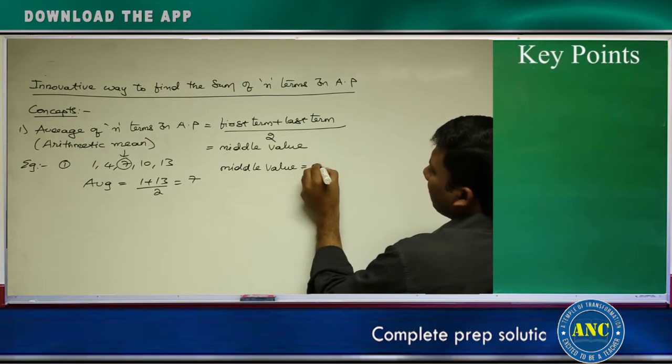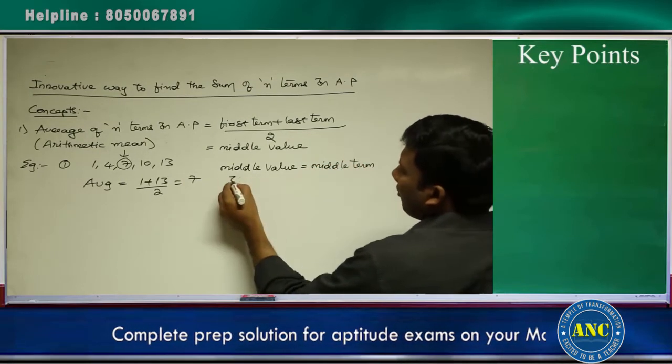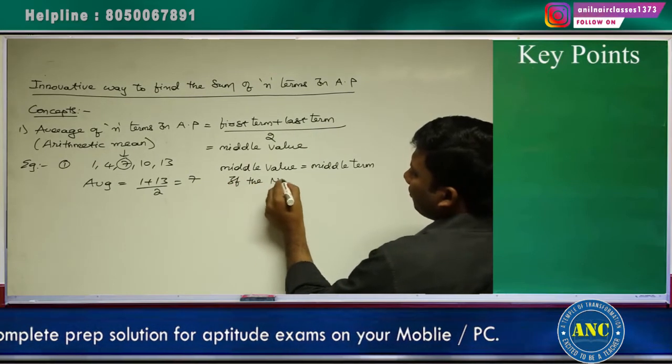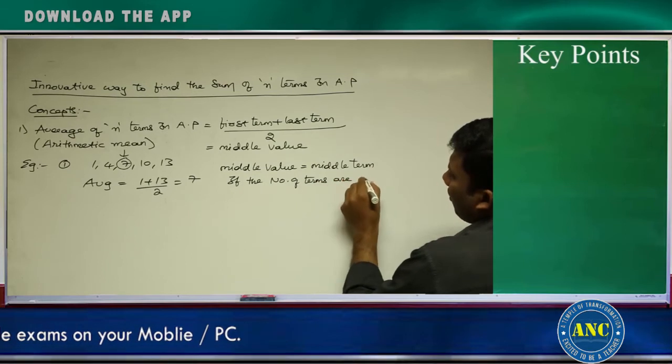If the number of terms are odd, then middle value will become the middle term.